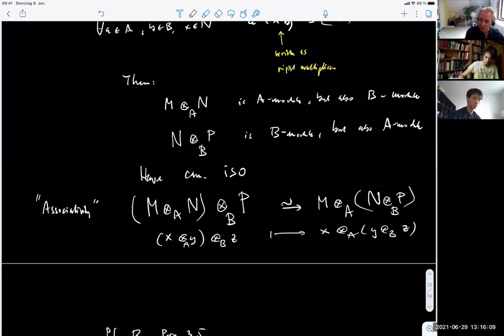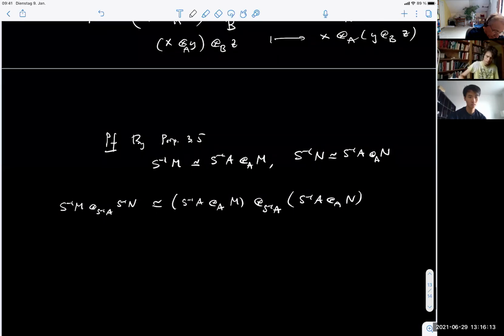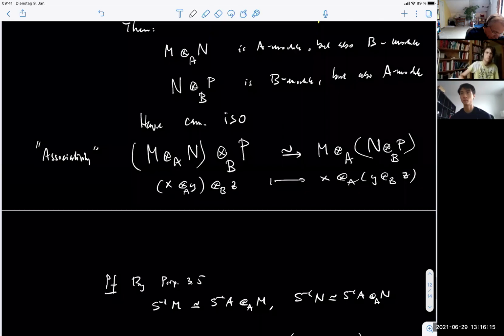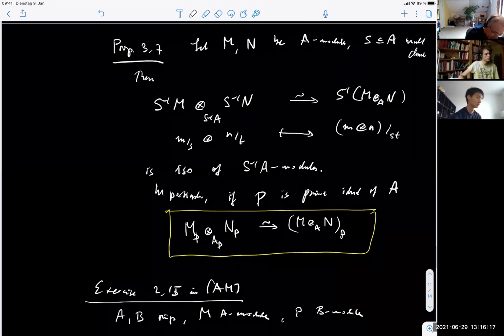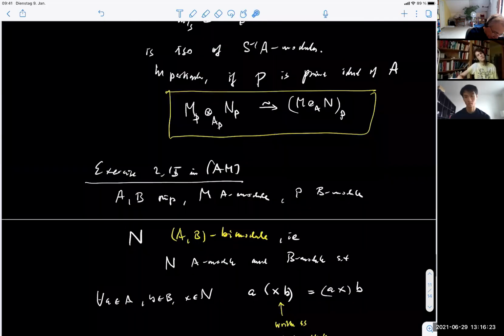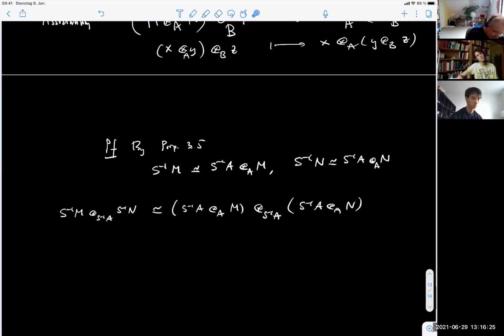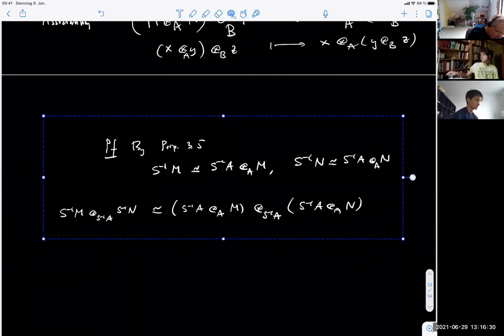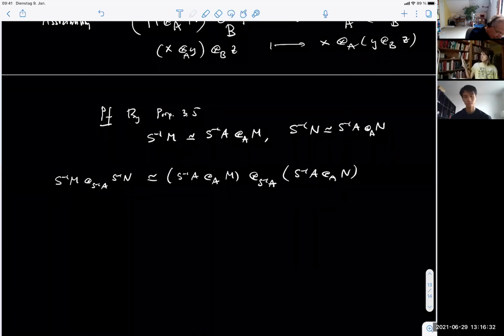Okay, so let's use this. So we return to the proof of our proposition. So here, what was it? Right, localization commutes with tensor product. So I'm back here. Okay.